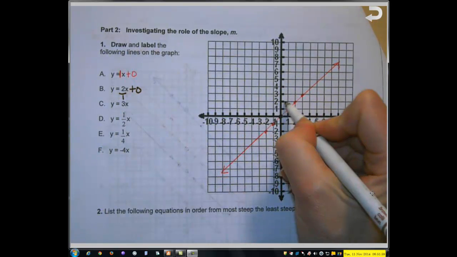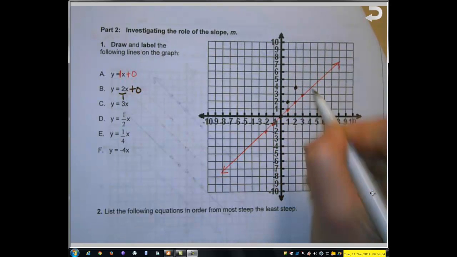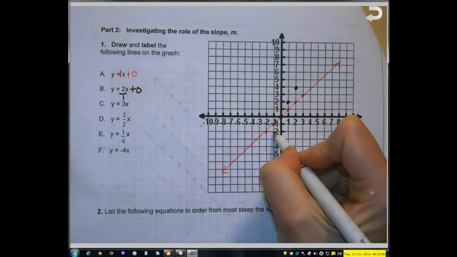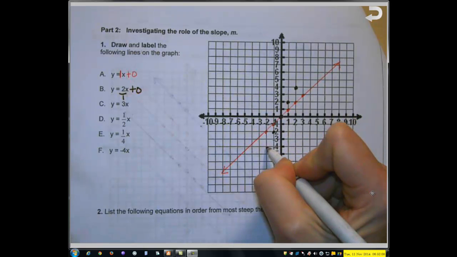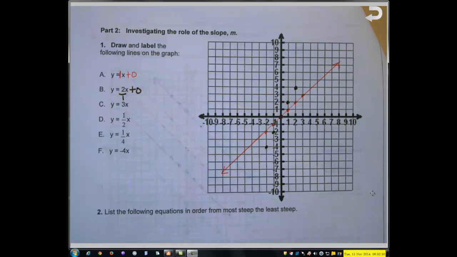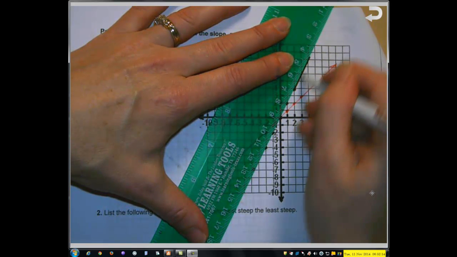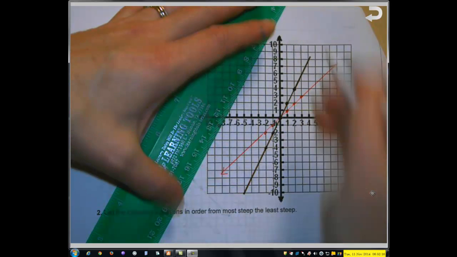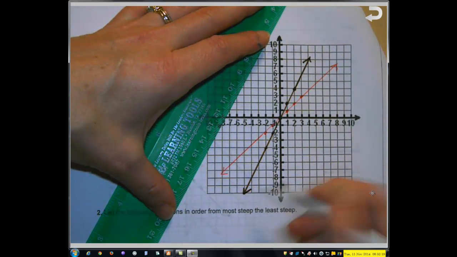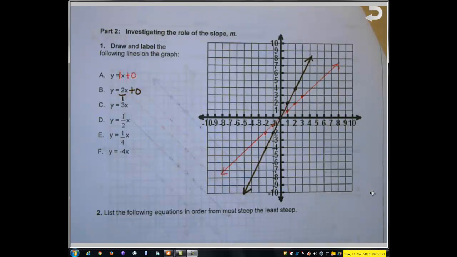So we'll go up 2 and right 1, up 2 and right 1, and then down 2 and left 1, and down 2 and left 1. So there's the line. Just start to observe what changes you see in the line as we change the slope.